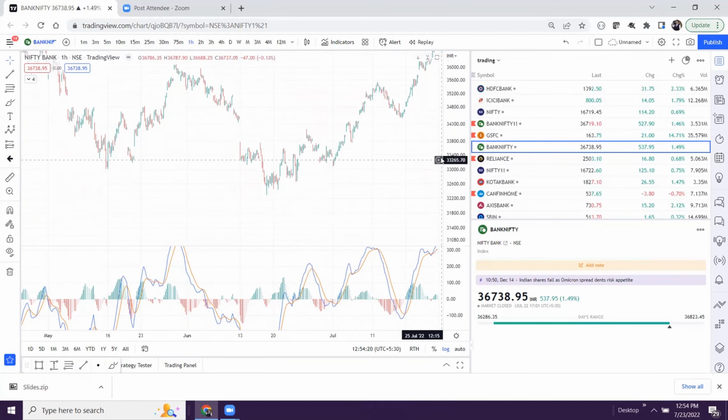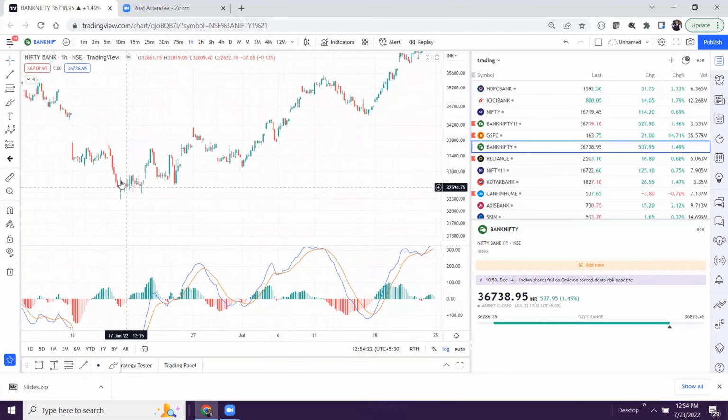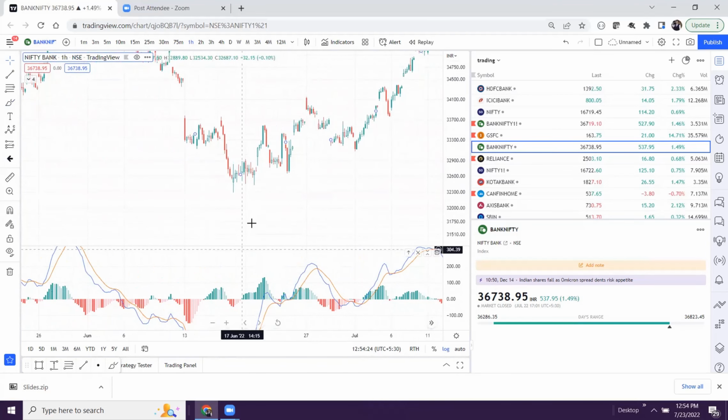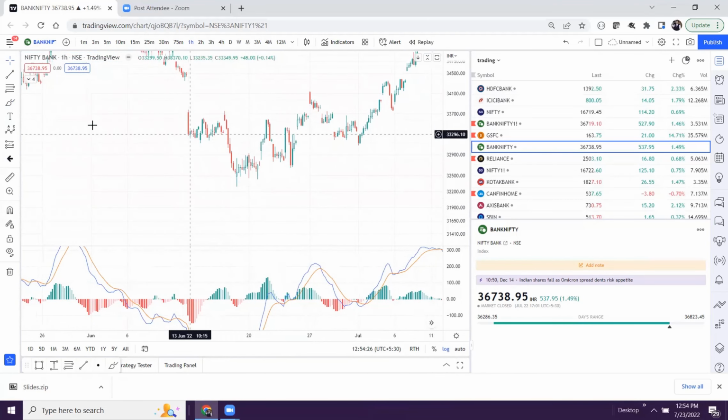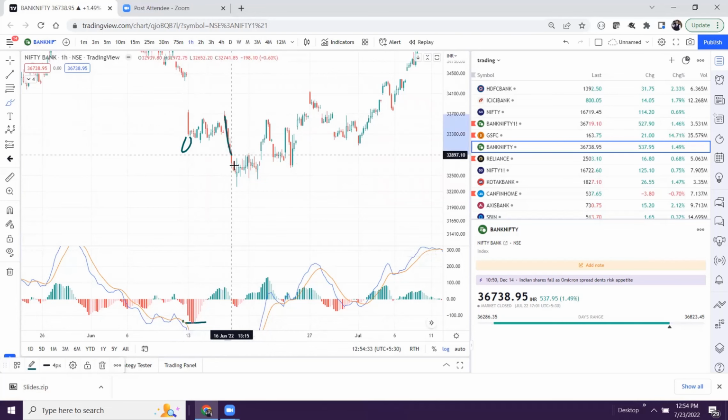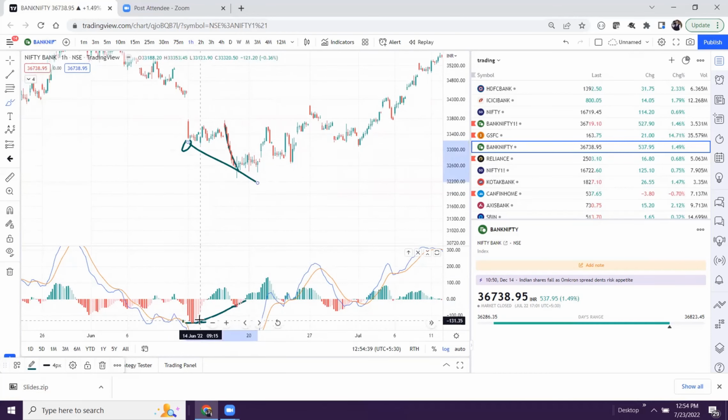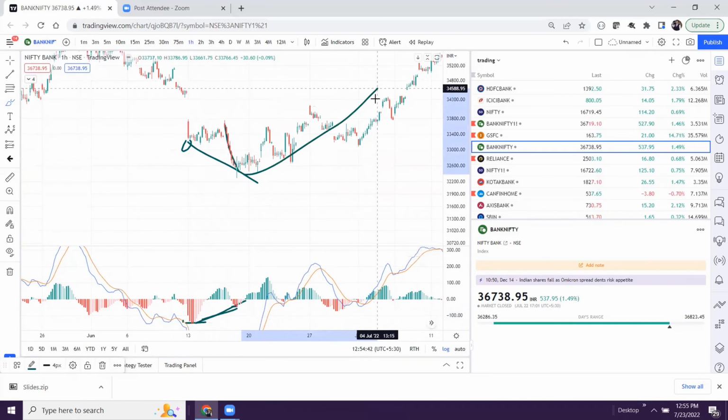See, the signal works on both sides, on the sell and buy also. At this point, you can see there is good strength on MACD, but when it makes a swing low, at this point the MACD is showing divergence. So see how divergence plays beautifully. There's a divergence, the trend changed.